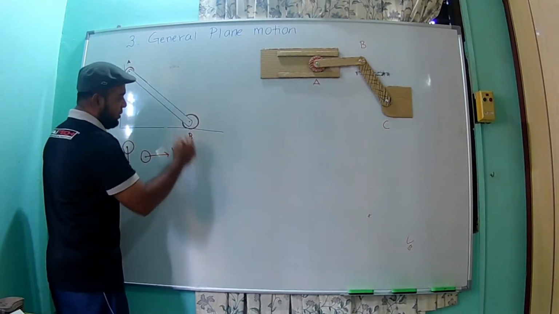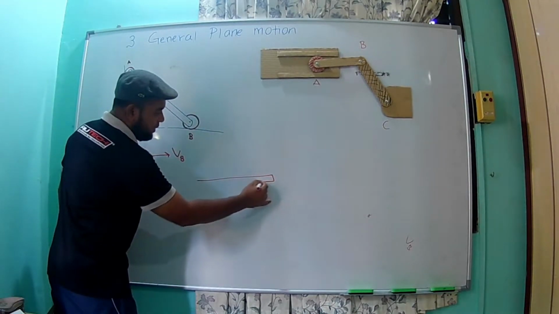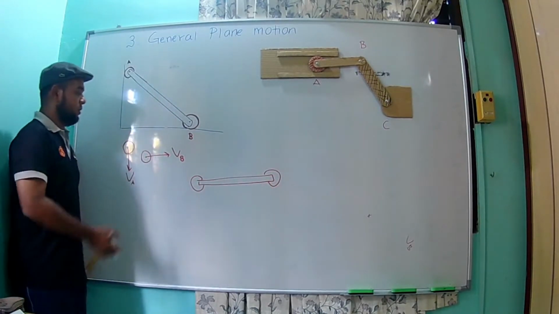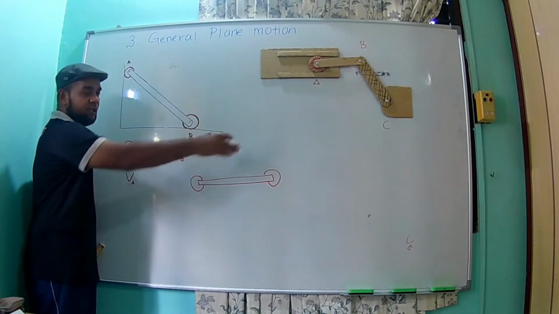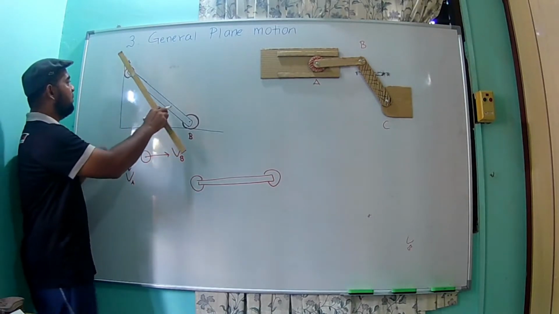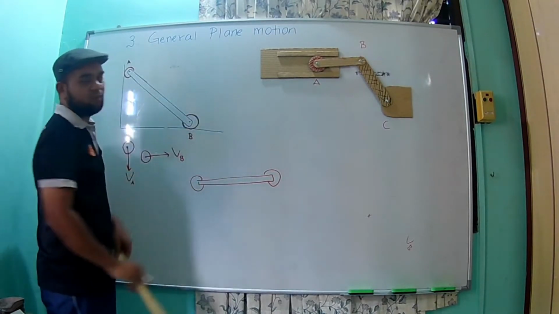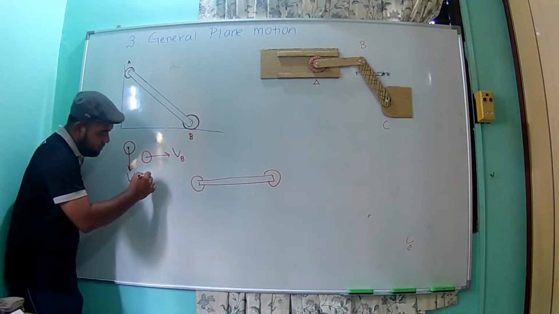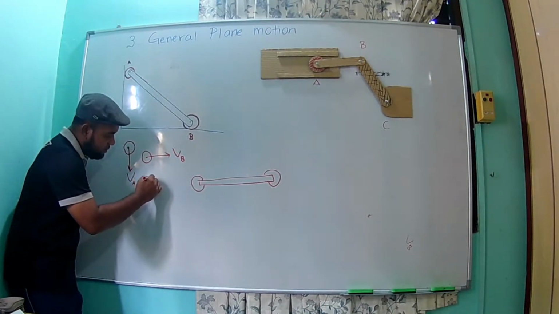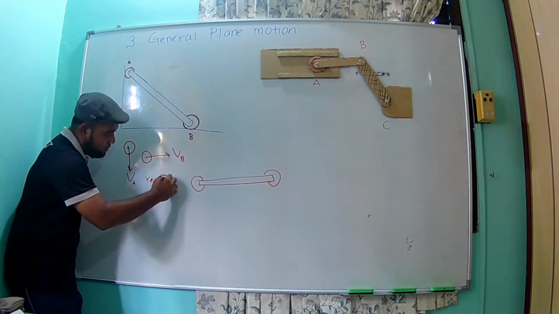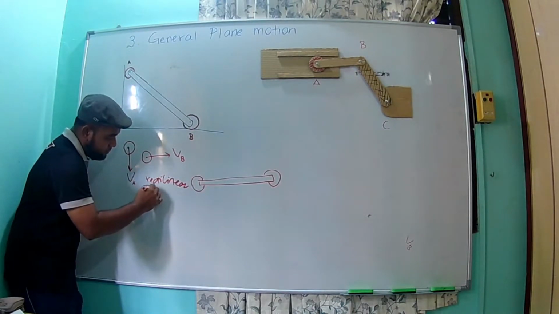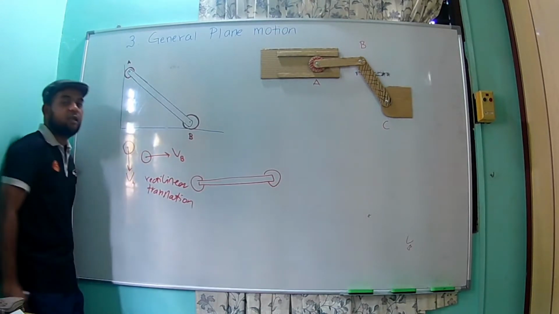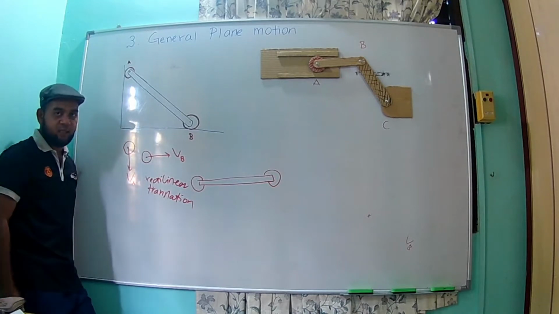At the end, the component will be like this: A will go down, B will go in this direction. So A and B are rectilinear translation.